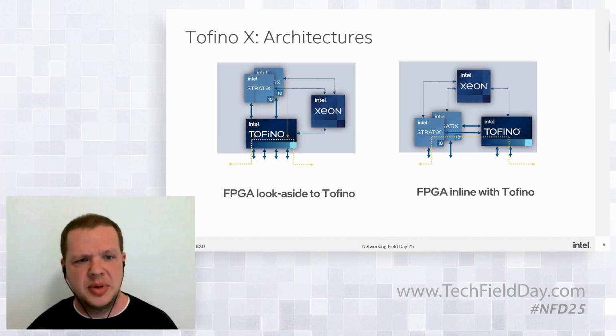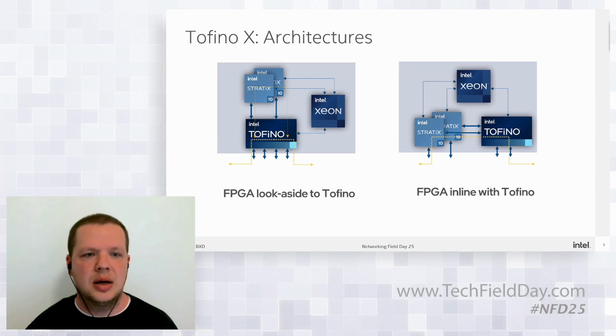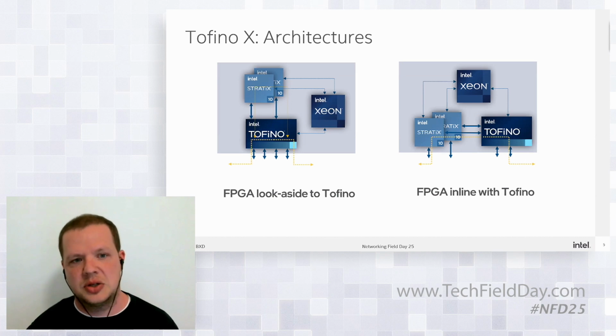And all is complemented by a Xeon CPU that can provide high-level application functions. On the right side, the difference is that both Tofino and the FPGA are providing part of the front panel connectivity, and this architecture can have different benefits and implications that are use case and application specific.